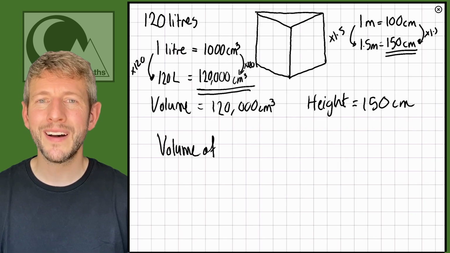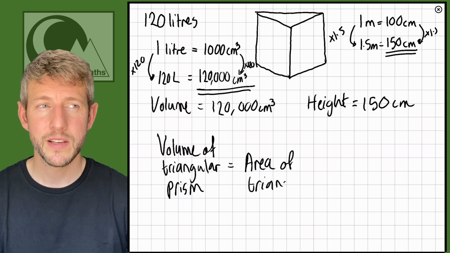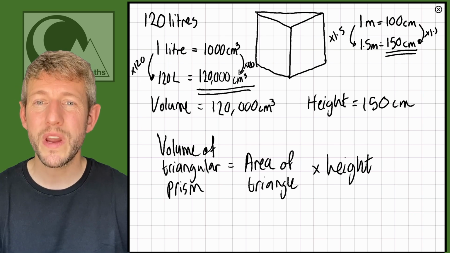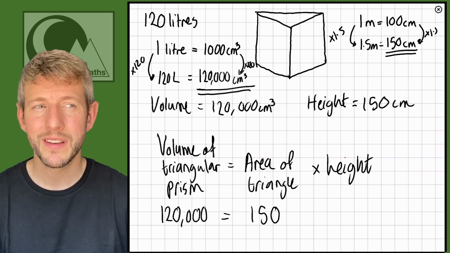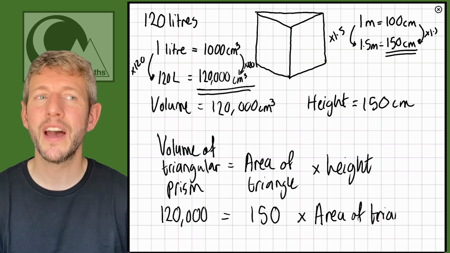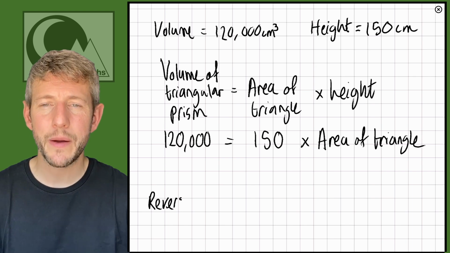Now remember, volume equals area of the triangle times length, or in this case, times height. So we know that 120,000 equals 150 times the area of the base. So remember your reverse calculation.